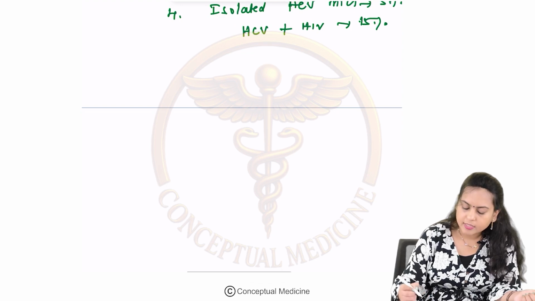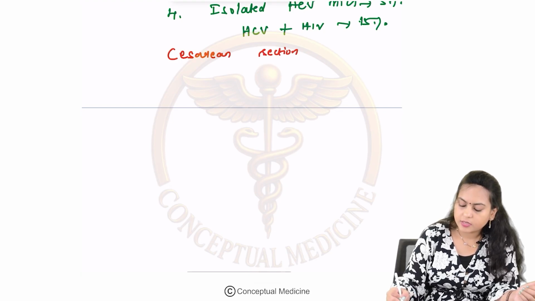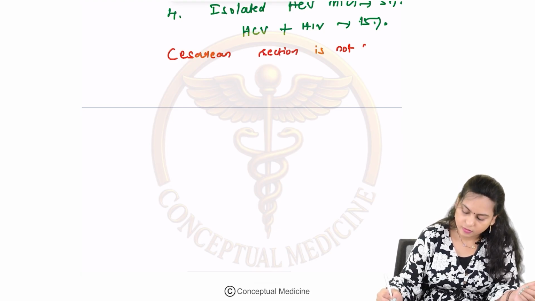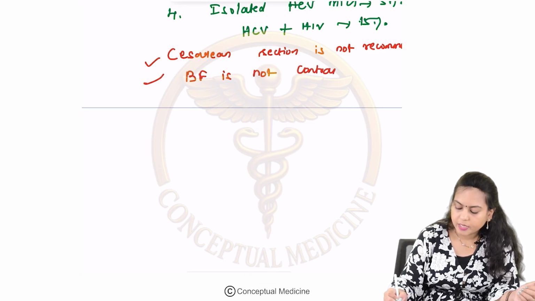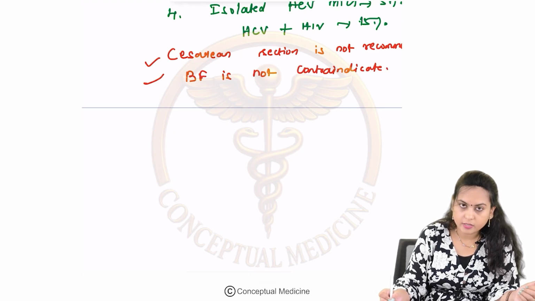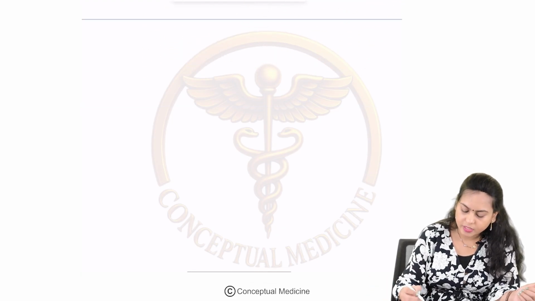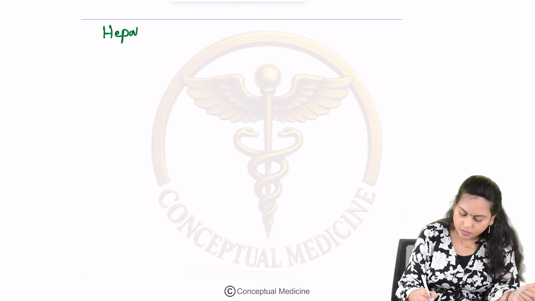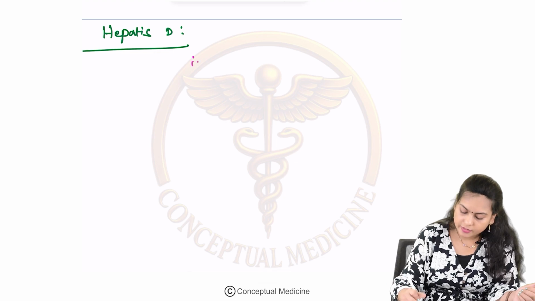Clear? And in this case, remember, for delivery, cesarean section is not recommended. Okay, and as usual, breastfeeding is not contraindicated. Clear? Yes. Next, we will see hepatitis D. Okay, so hepatitis D is an incomplete virus.